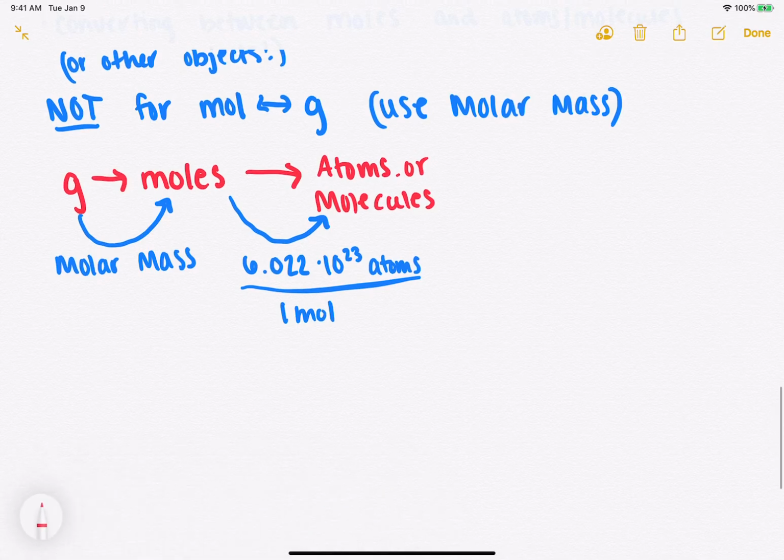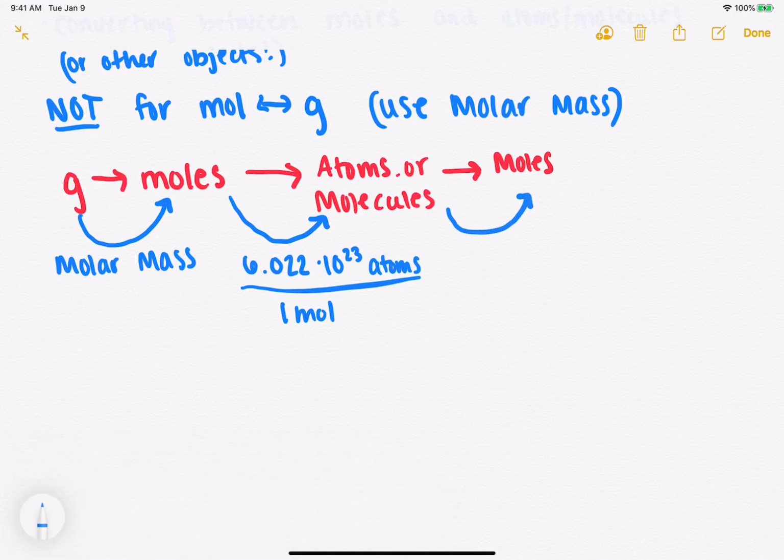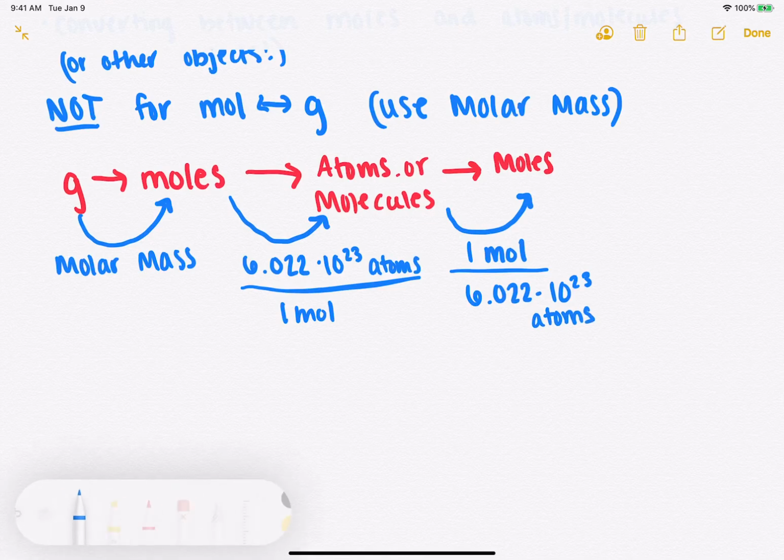And then if we want to convert back the other way, from atoms or molecules to moles, then we're going to basically flip that fraction, and we're going to have 1 mole over 6.022 times 10 to the 23rd atoms, or molecules if that's what you're trying to solve for.